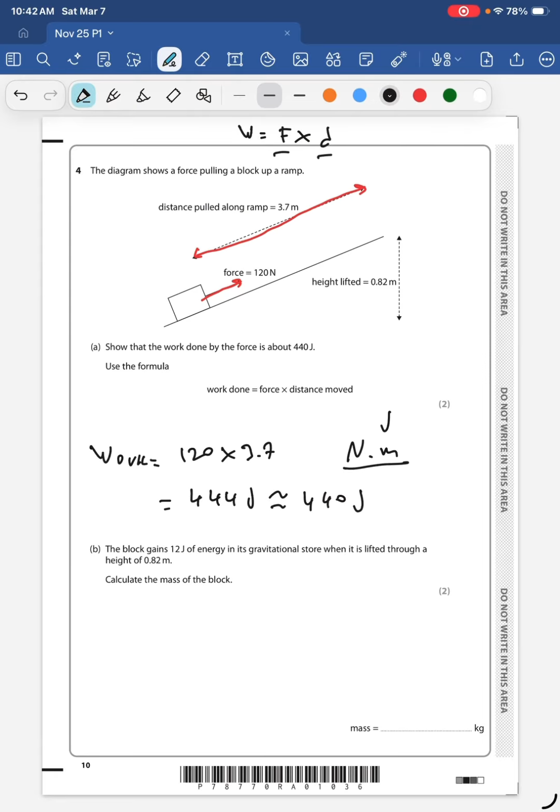B, the block gains 12 joules of energy in its gravitational store when it is lifted through a height of 0.82 meters. Calculate the mass of the block.